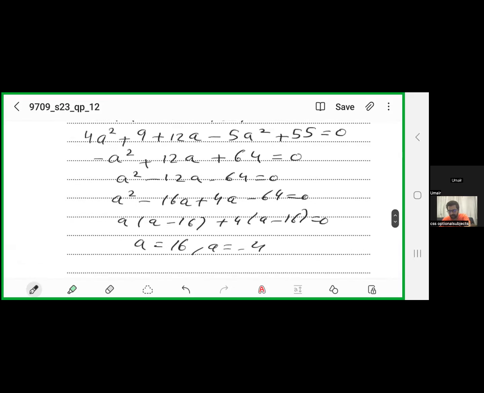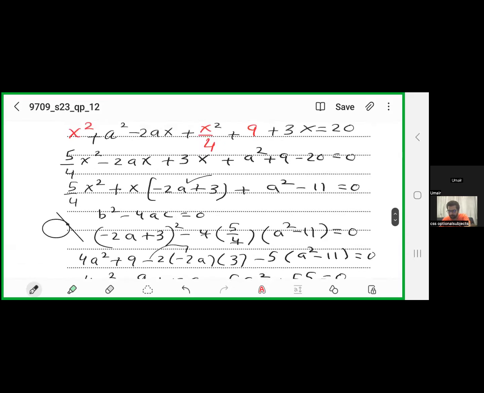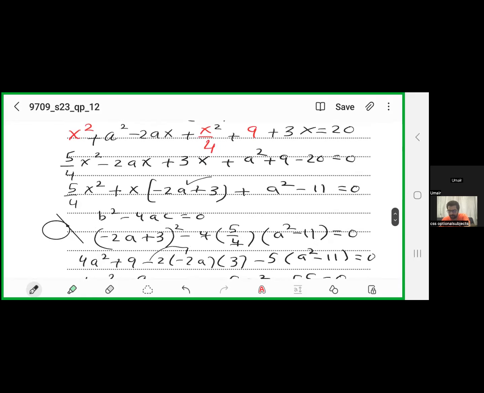If we go back over here, this is the simplified form of the equation that we obtained by simultaneously solving the equation of the tangent and circle, because we substituted the equation of the tangent in the equation of the circle.